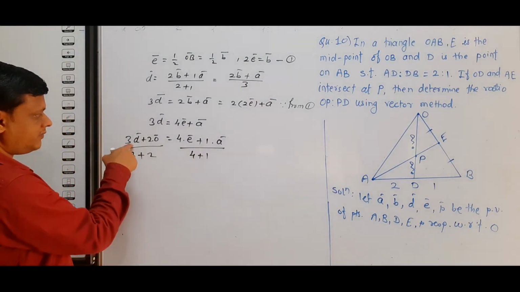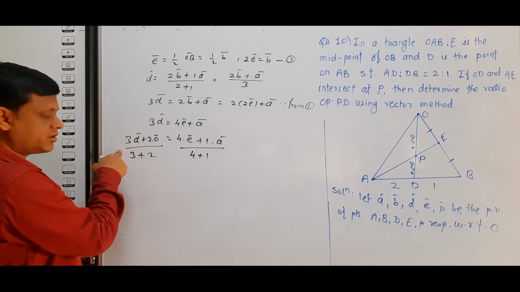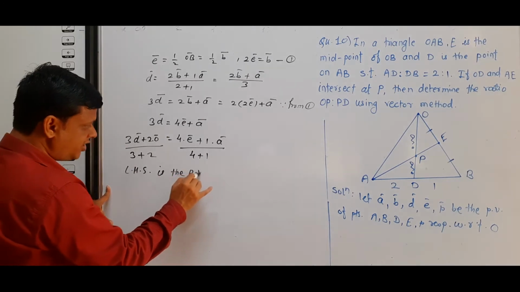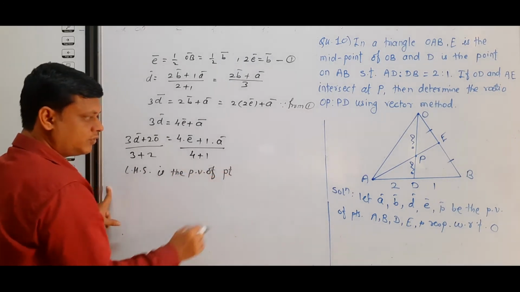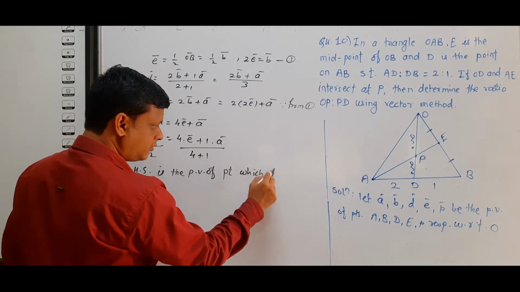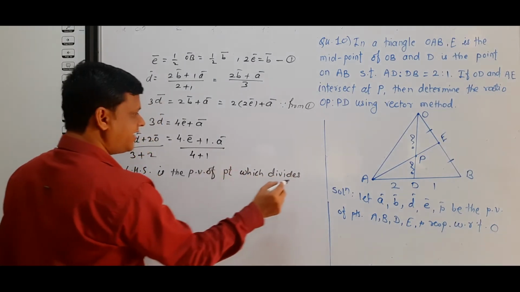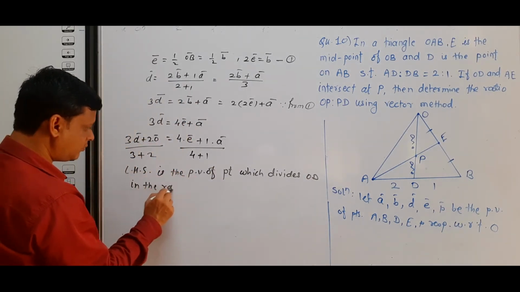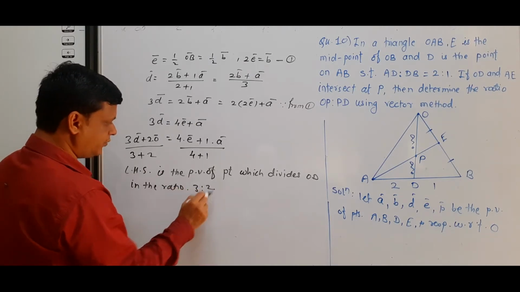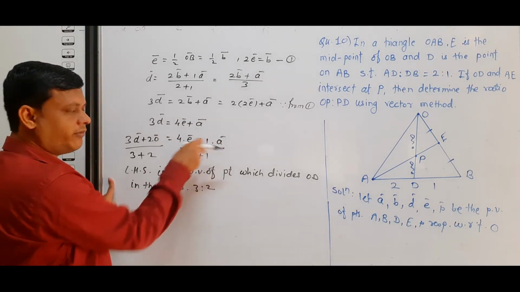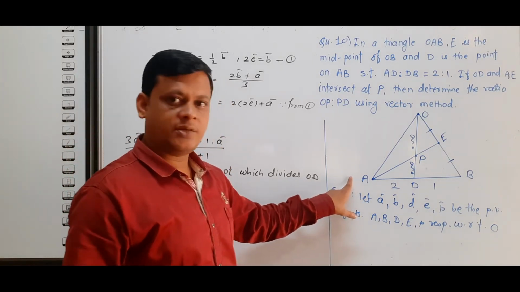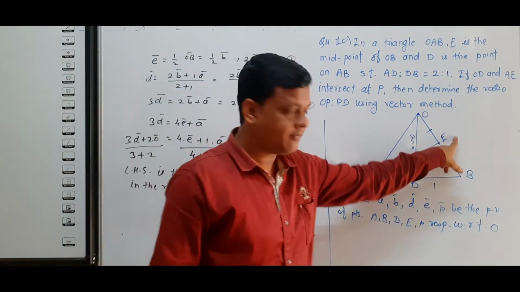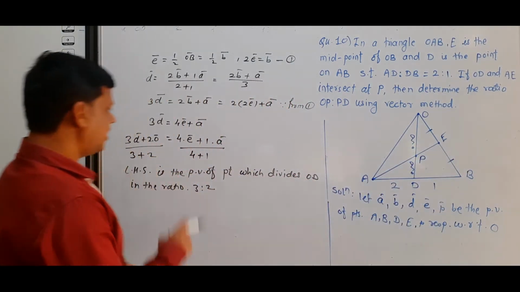Now see, this shows LHS is the position vector of the point which divides OD in the ratio 3:2, and RHS is the position vector of the point which divides AE in the ratio 4:1.